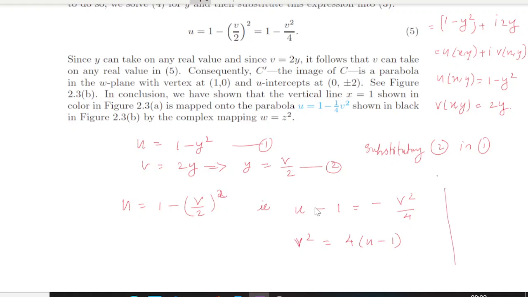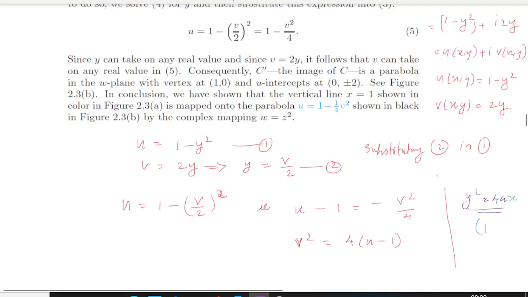You can compare this with the equation y square equal to 4ax, so it represents a parabola. Instead of x we have x minus 1 type.